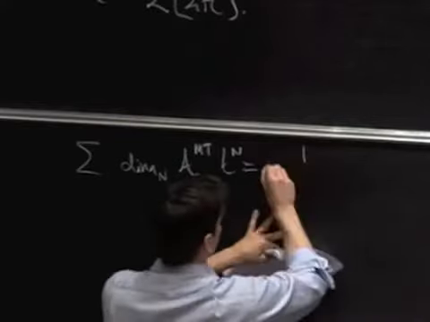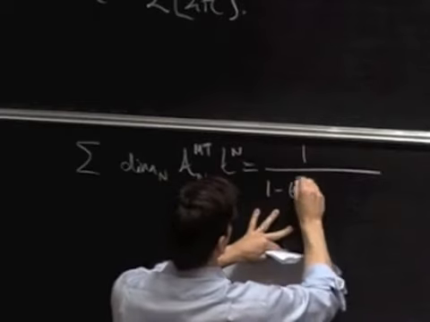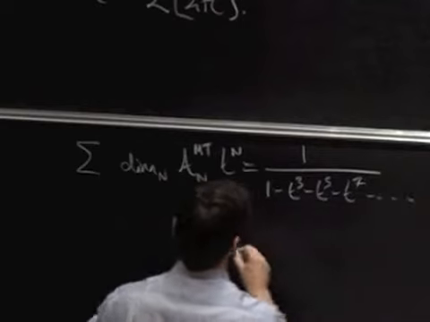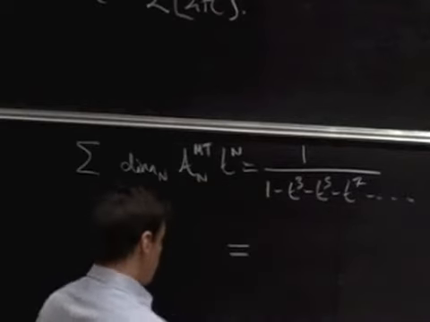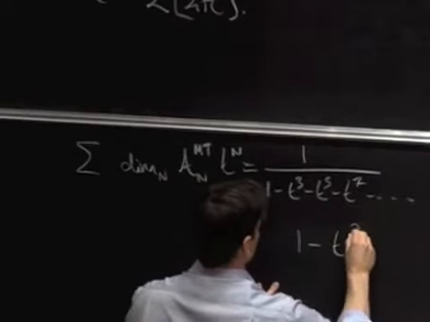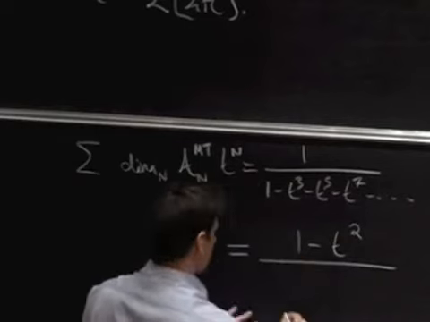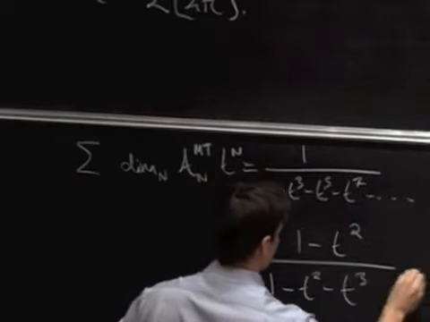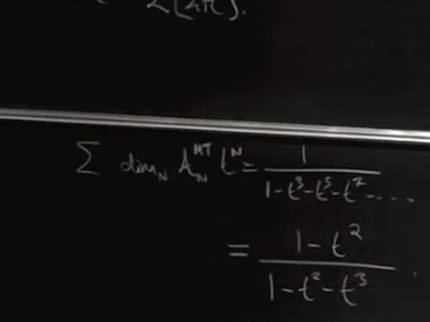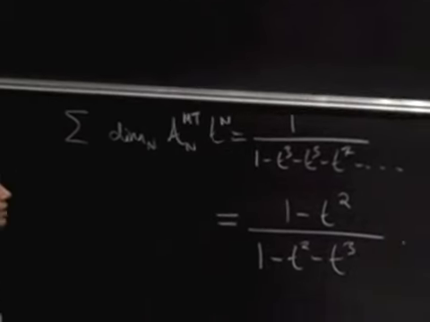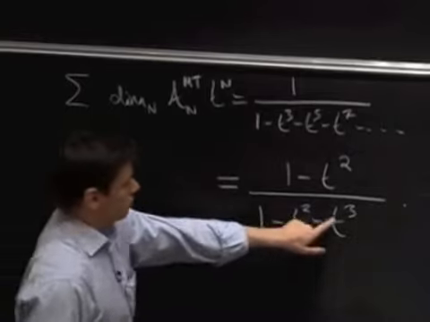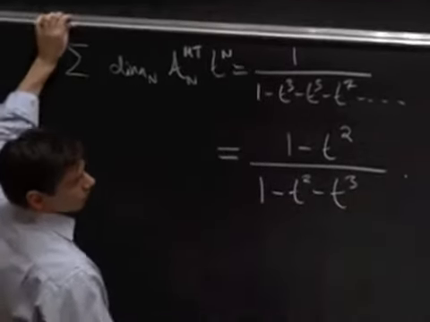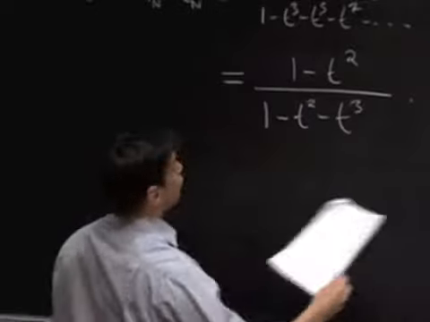And it's, of course, 1 over 1 minus t^3 minus t^5 minus t^7, and so on. If you work this out, what you find is that this is 1 minus t^2 over 1 minus t^2 minus t^3. And so here at long last, you see this strange role played by 2 and 3 appearing as if out of nowhere from this free Lie algebra.